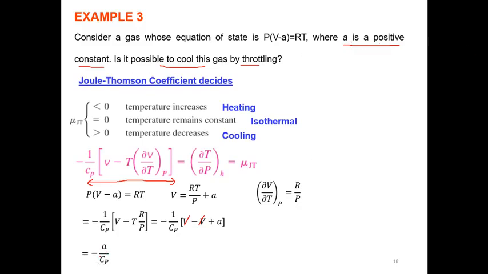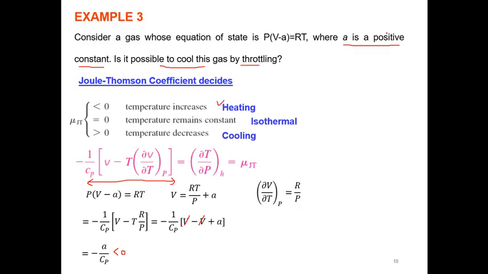We know that A is a positive constant, and we also know that the specific heat Cp of a gas is always positive. That means as a whole, this value is negative, because A by Cp is positive and there is a minus sign in front. So the value is less than zero, and that means this gas will always produce heating.